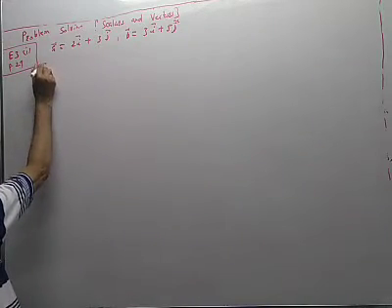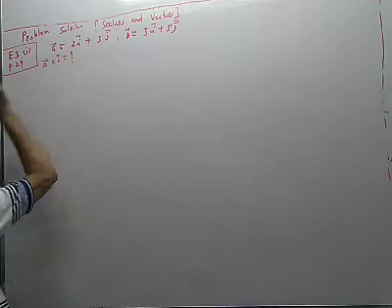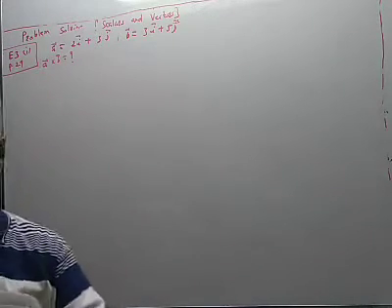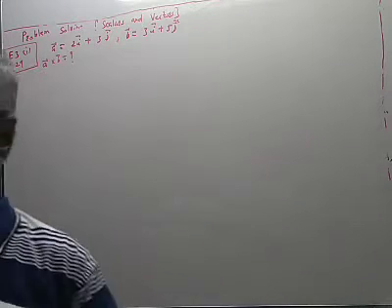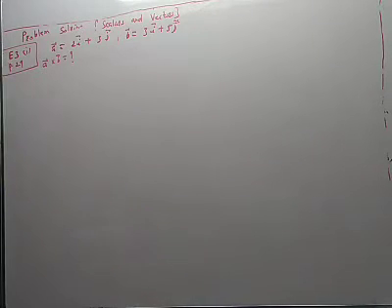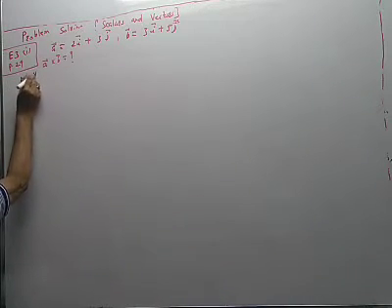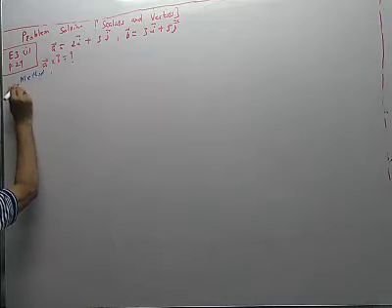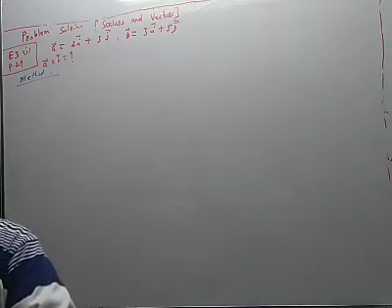And what to find? A cross B. Again, there are two methods. Method number 1, determinant method.